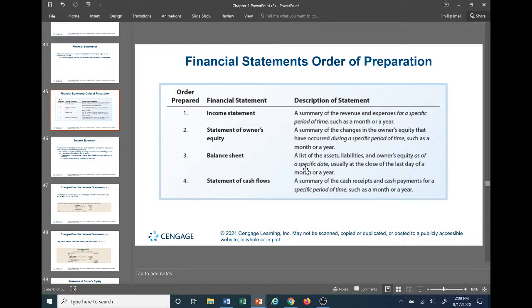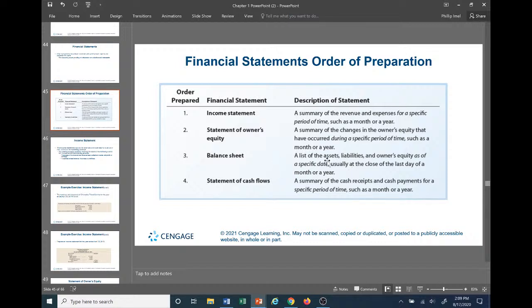But I want to point out here that it's at a specific date, okay? At a specific point of time, as of a specific date. That way when you see a balance sheet, it could be for company XYZ, balance sheet as of December 31st, whatever the year is, okay?